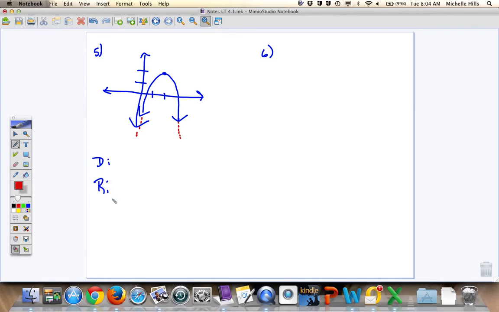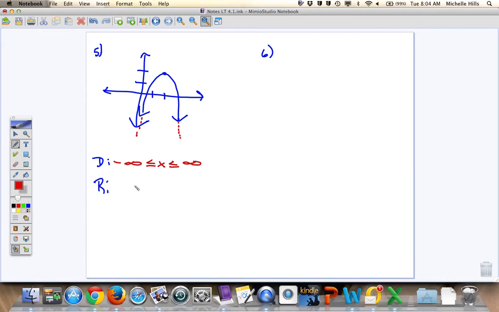And it never stops, which means eventually it's going to hit every x you could possibly name in the negative direction and every x you could possibly name in the positive direction. So since it goes infinitely in the negative x direction, my domain is negative infinity, which is like an 8 on its side, is less than or equal to x, which is less than or equal to, again, it goes infinitely in the positive direction, so positive infinity.